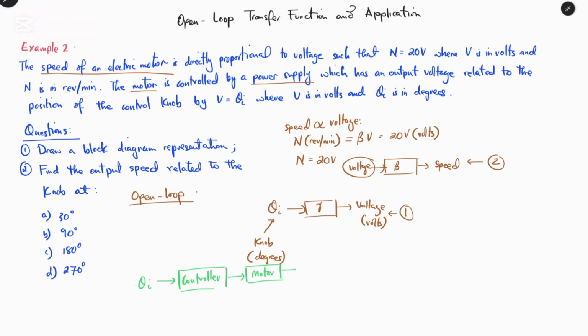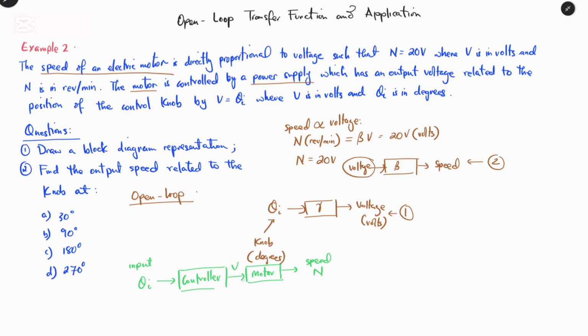From this motor, we now have the speed, represented as N. So the input is nothing but the knob, and the output is the speed. We have the quantities theta I and N, and in the middle is the voltage.